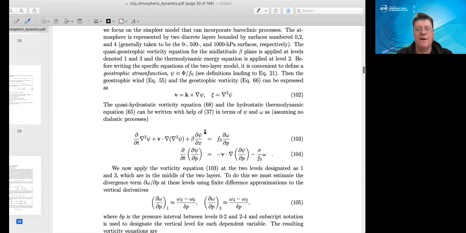We use the stream function, and we consider that we are in the pressure coordinate system. So the geostrophic stream function is defined by the geopotential divided by f0. We can fix some latitude, but then we have to consider the variation of the Coriolis parameter in the close vicinity of this latitude.